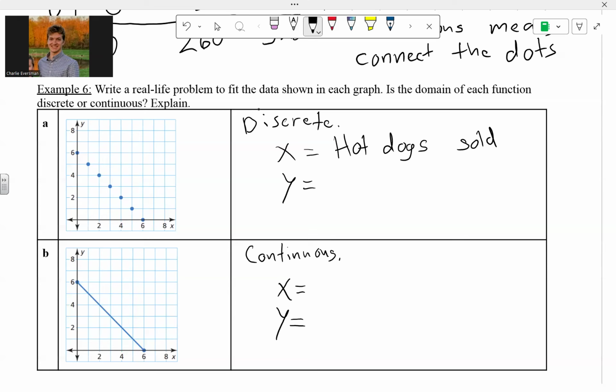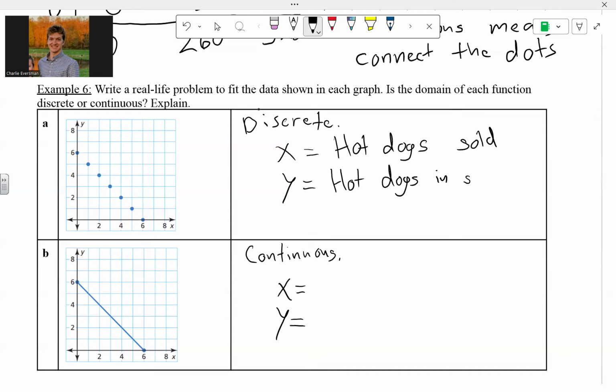So as I sell one hot dog, two hot dogs, what would this output be? It's not going to be money made. Why would I be losing money for selling hot dogs? Maybe you've got some weird hot dogs. I don't know. The more intuitive thing here is if I sell one hot dog, then I've got 5 hot dogs left in stock. So I could say Y is hot dogs in stock.